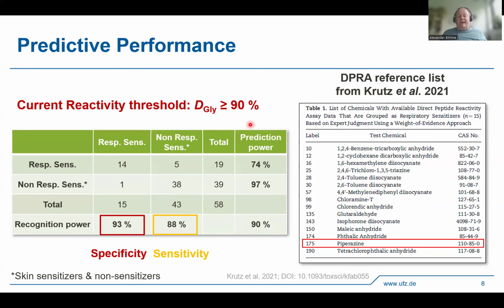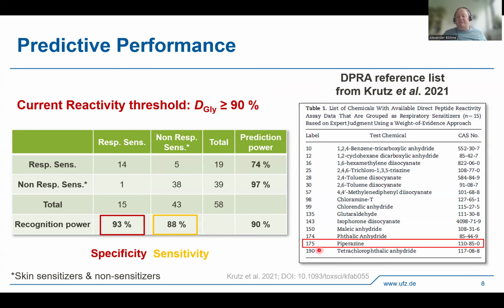To give you an idea about the predictive performance of our assay, we also analyzed some other compounds from the reference list of Grotz et al. And here in this little table, you can see that almost all respiratory sensitizers from this publication, which you can see here also in this little list, are correctly classified by our assay. Only one is not identified as a respiratory sensitizer, and this is piperazine.